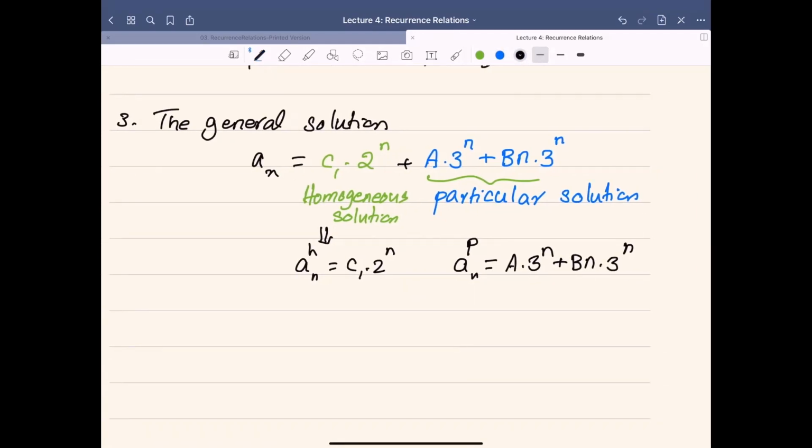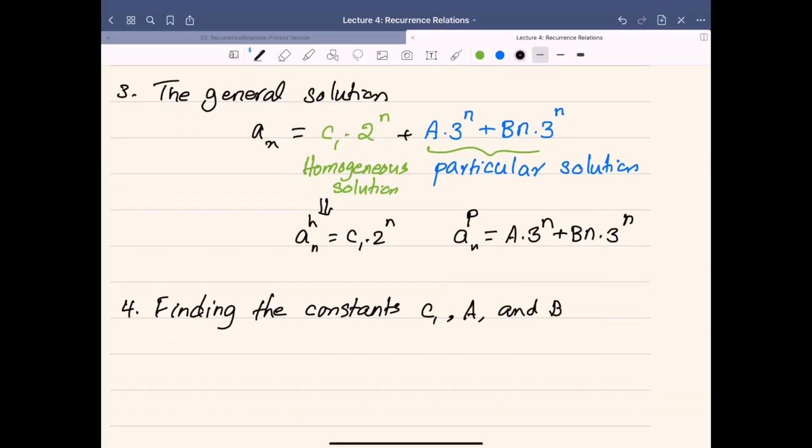Again, we will use two methods. Number 4, finding the constants c1, a, and b.